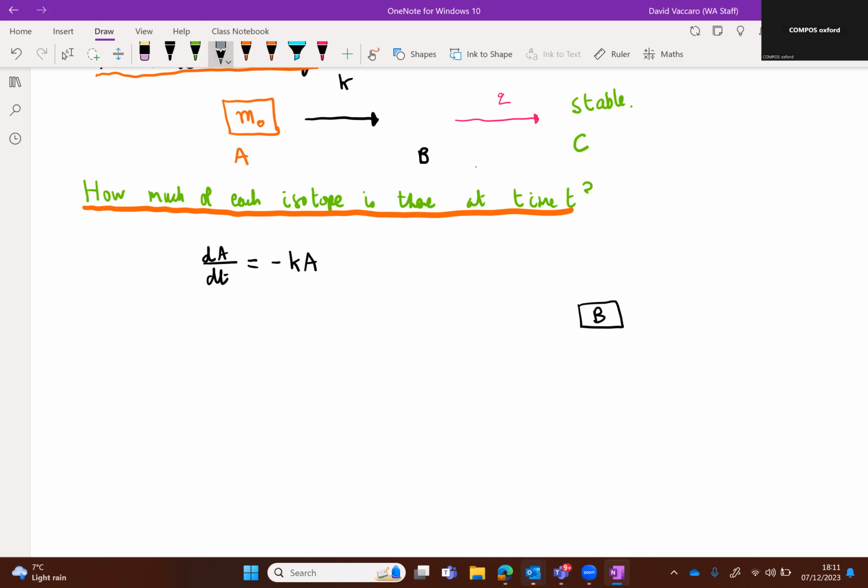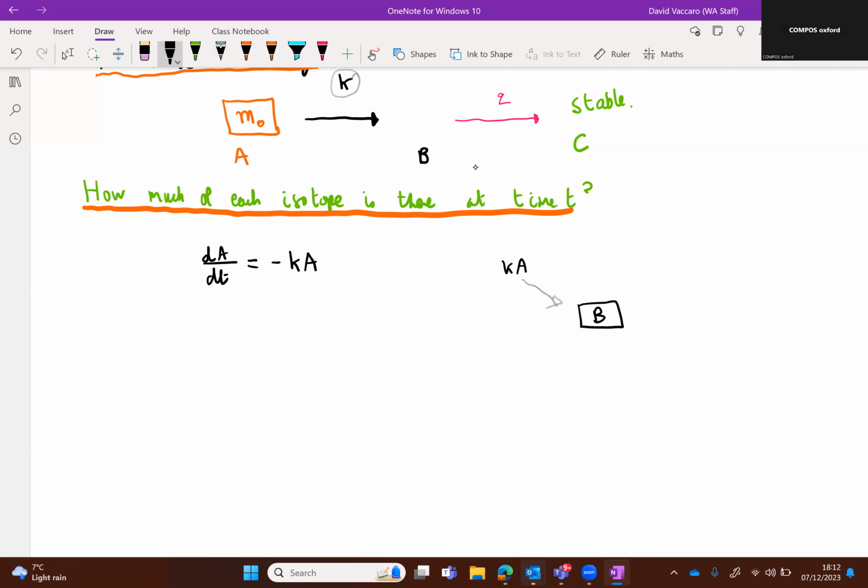Material B is being produced by the decay of material A, so we've got a flow into material B. We know what that term is because we've already seen it: it's the same as the decay of material A. So we've got KA coming in to become material B.